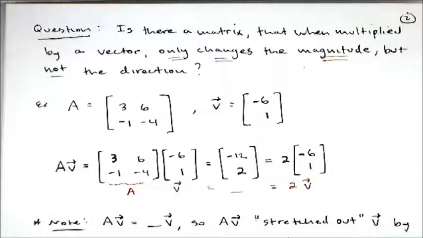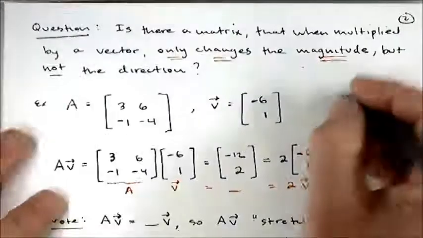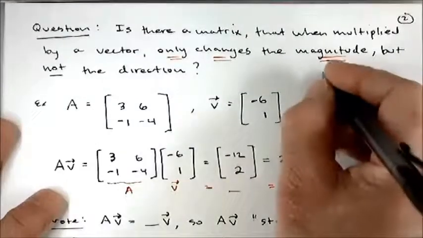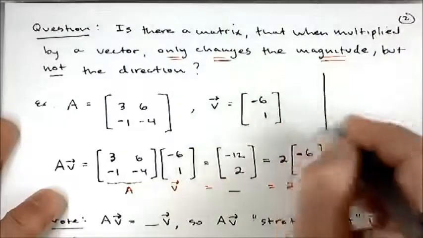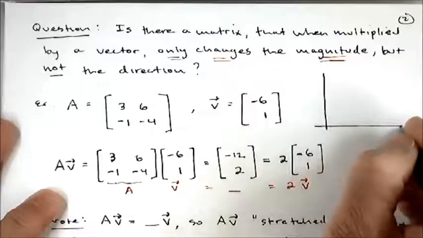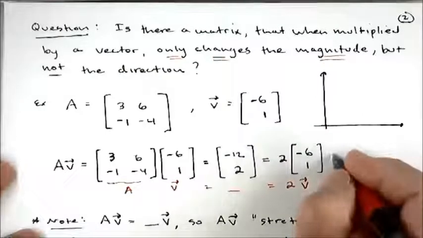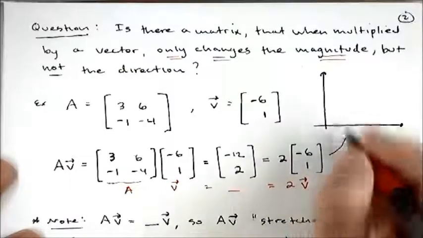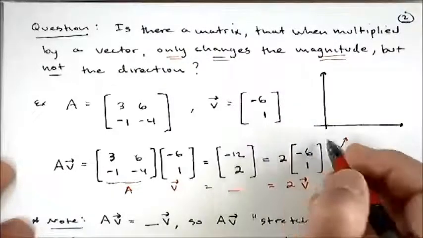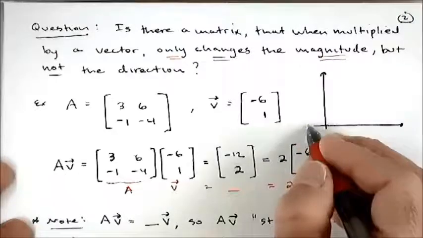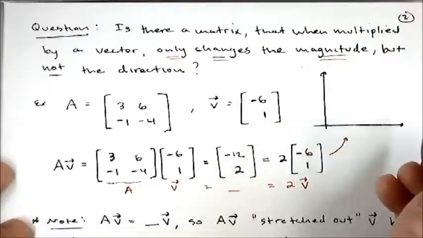So, for example, since I drew graphs for the other ones, let me draw one right up here. We can see this up here. So if [-6, 1], that goes the other way. Bummer.